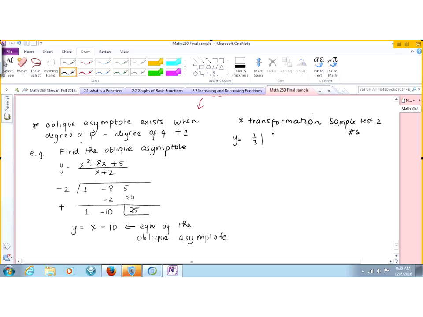Oh, 1/3 is outside: 1/3 outside, x plus 6, minus 2. All right, so what do you think? So A, basic graph.